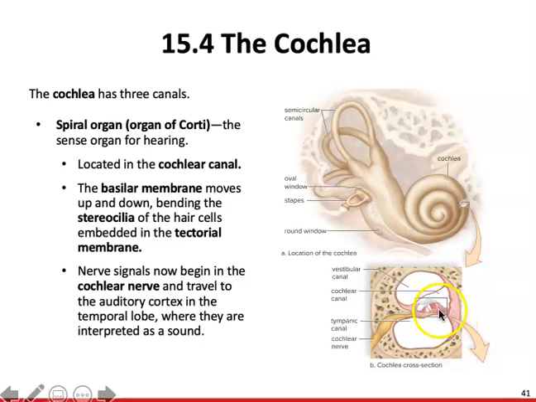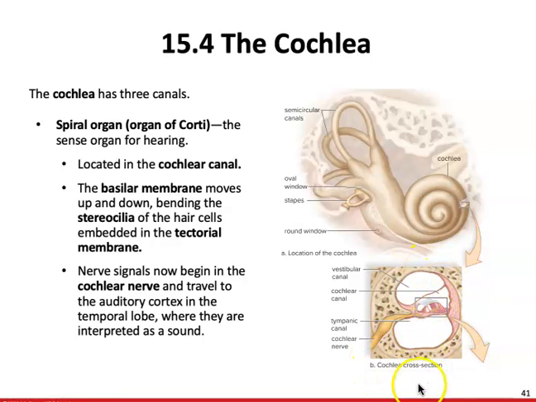When it moves up and down, it's going to bend these little hairs. When it bends those stereocilia, it's going to bend them against the tectorial membrane. When it bends them against that membrane, it's going to send a signal along our nerve fibers, along the cochlear nerve, and travel up to the auditory cortex in the temporal lobe, which is going to then interpret it as sound.